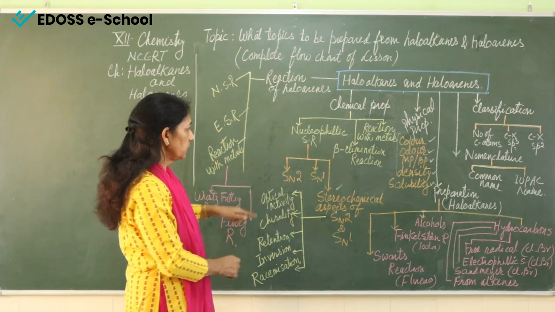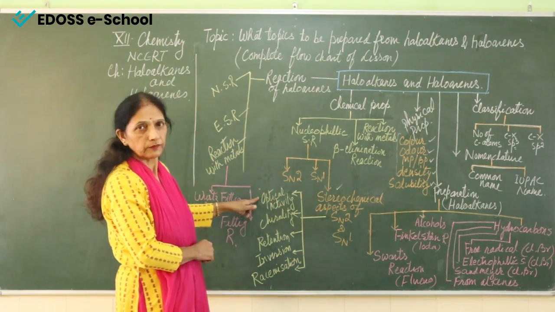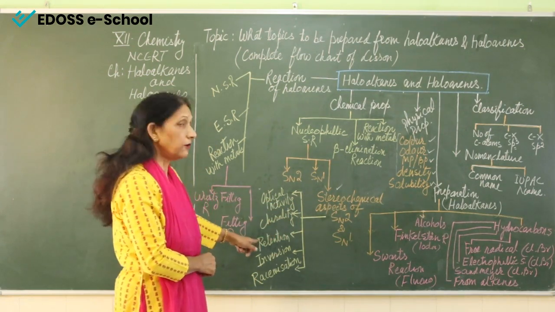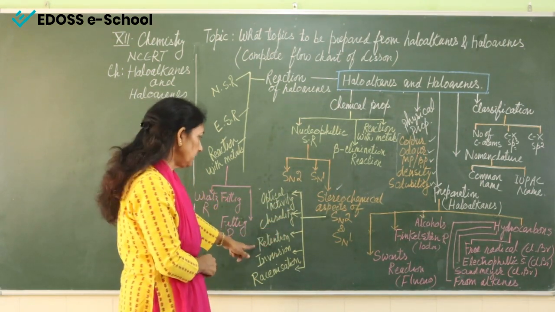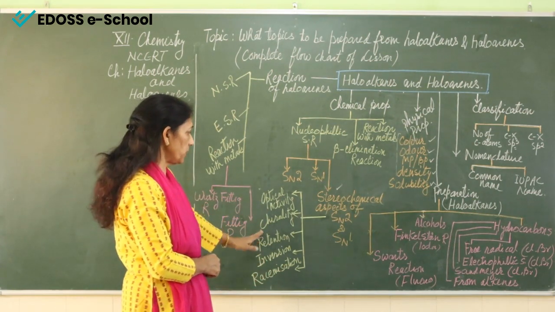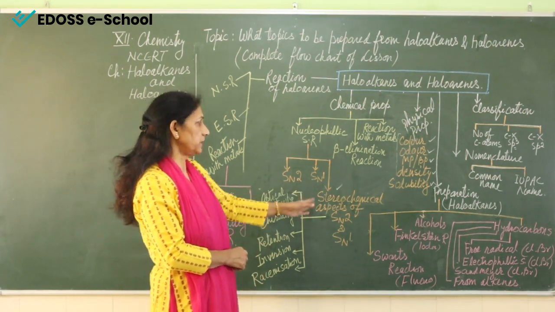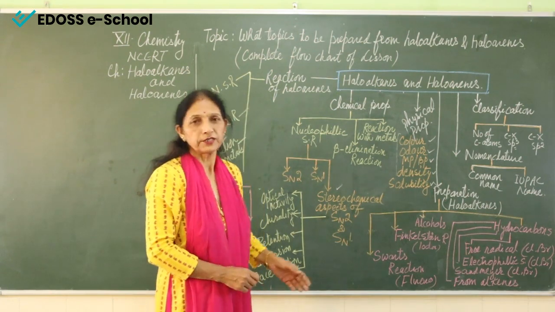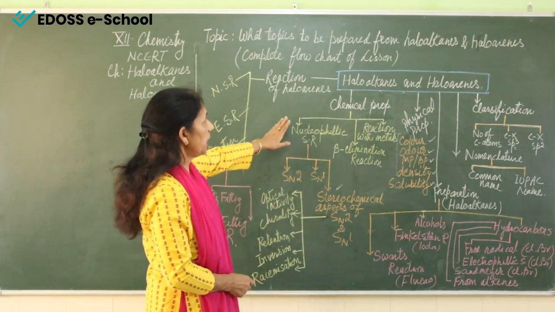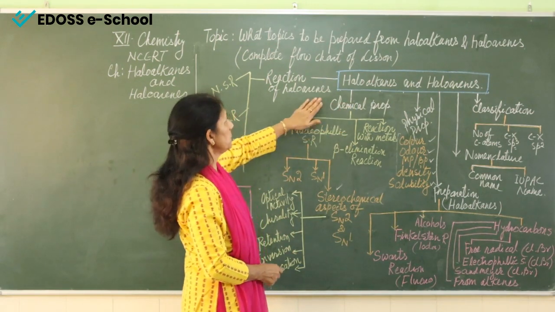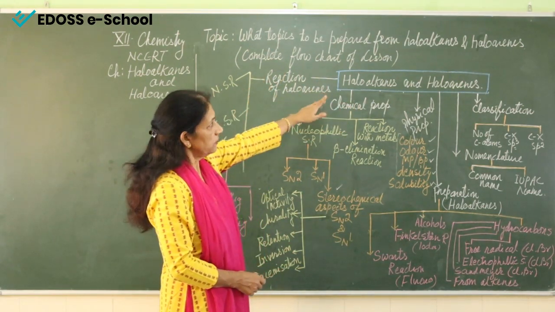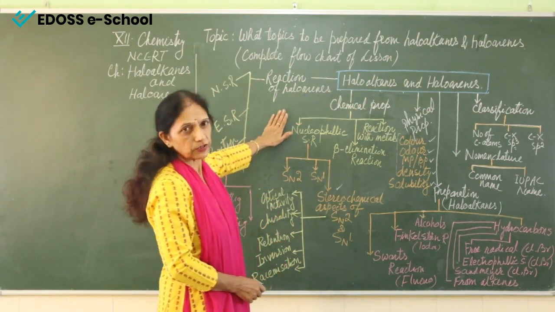First is optical activity, second is chirality, then retention, then inversion and racemization. So these 5 properties we have to study under stereochemical aspects of SN1 and SN2 mechanism. Now after chemical properties, we come to reactions of haloarenes. So up to haloalkanes you have to study this much.